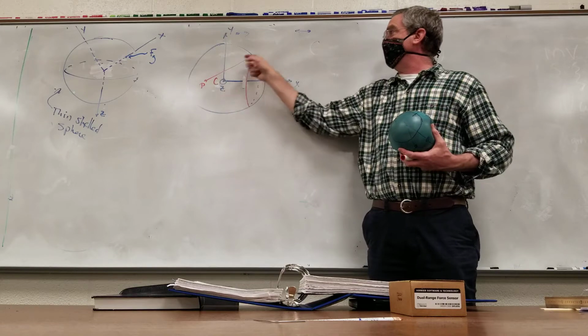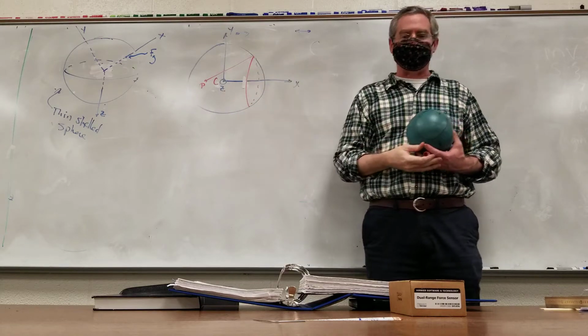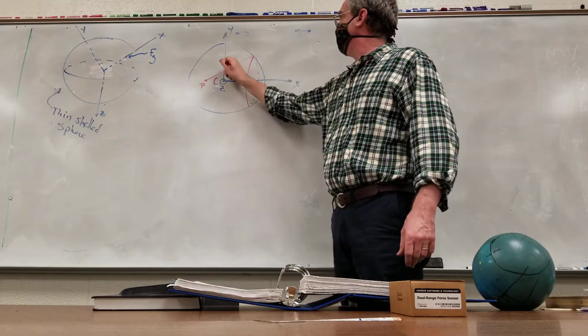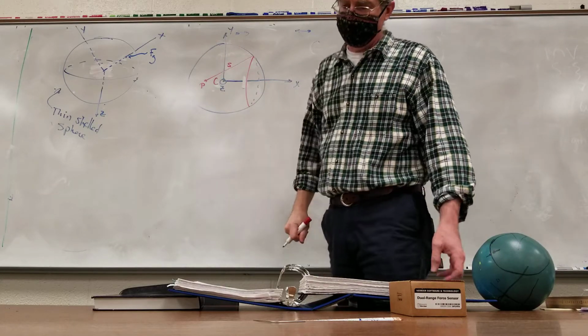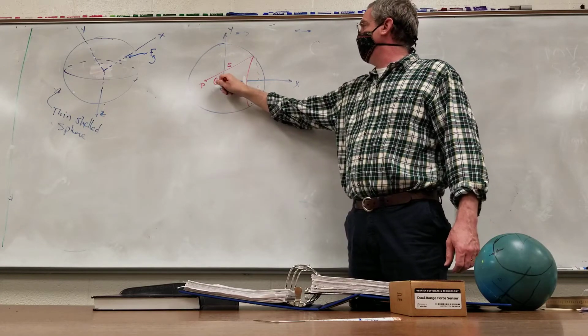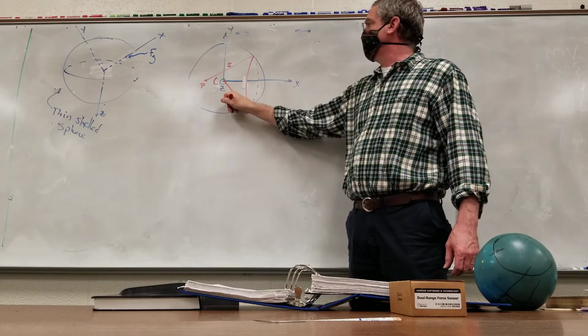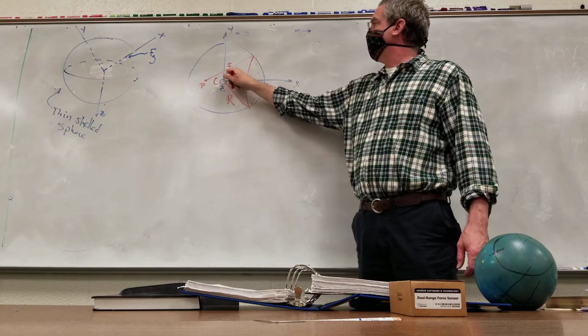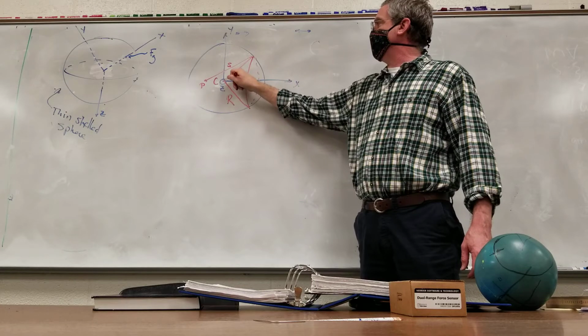So the distance from this point to any point on this ring is the same distance, which we're going to label as S. The radius of the sphere is R. There's an angle right here of theta.